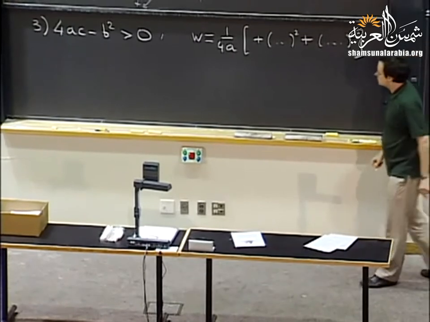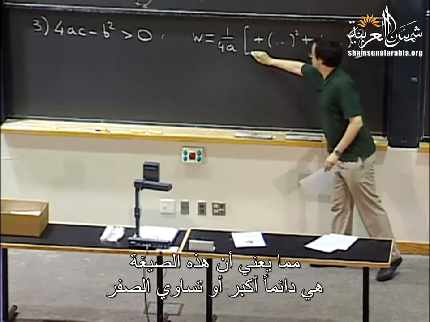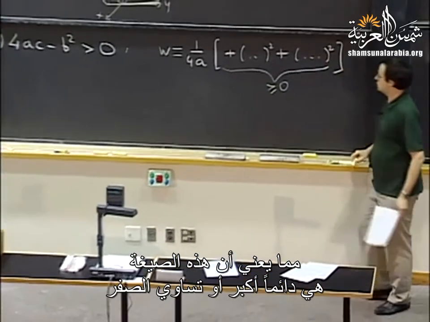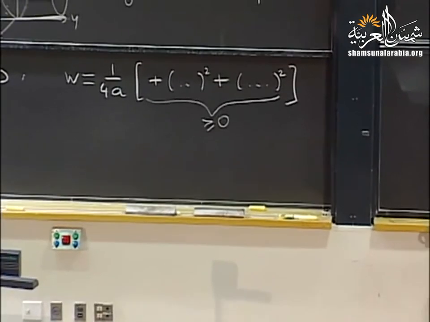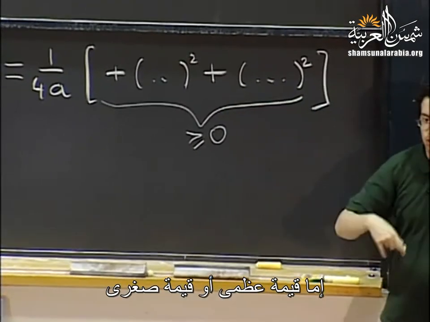So these guys have the same sign, and that means that this term here will always be greater or equal to 0. And so we should have either a maximum or a minimum.